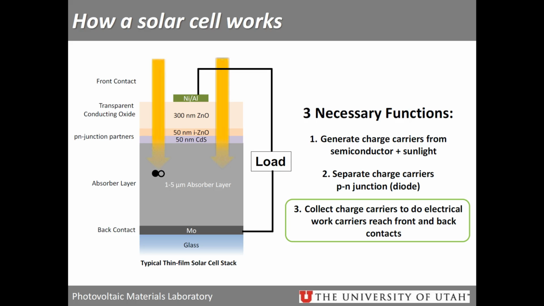As you can see here, there are three necessary functions to use this material and make a solar cell. The first is to generate charge carriers from a semiconductor and sunlight combination. The second is to separate the charge carriers with a pn-junction diode, which will be clear in a while.